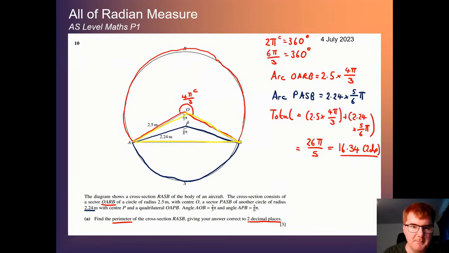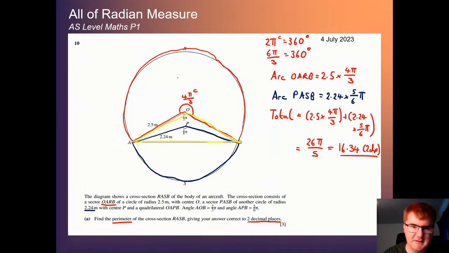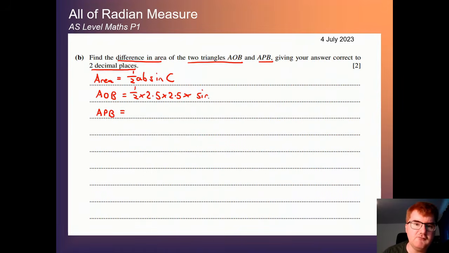If we start with the bigger triangle here, it's going to be a half times 2.5 times 2.5 times the sine in radians of 2/3 pi. If you want to write the radian sign there to remind you, that can be quite helpful.